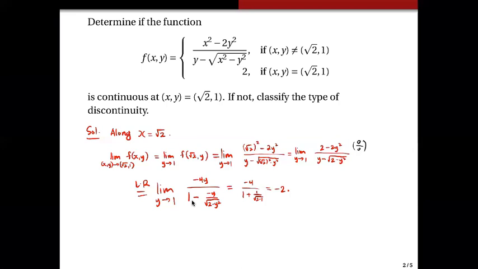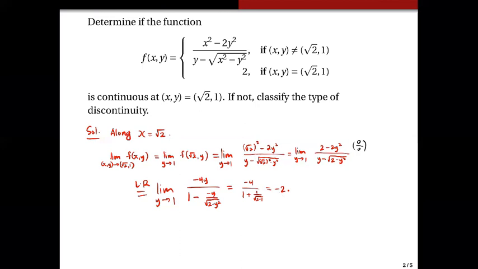So this is along x equals square root of 2. Now, look at this. At the evaluation at square root of 2 comma 1, the value of f is equal to 2. And this is already -2.